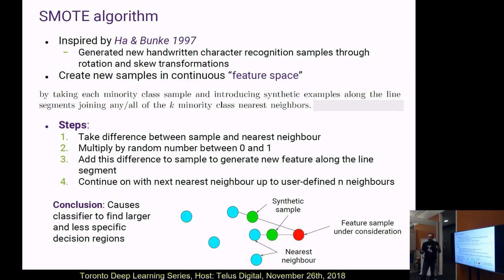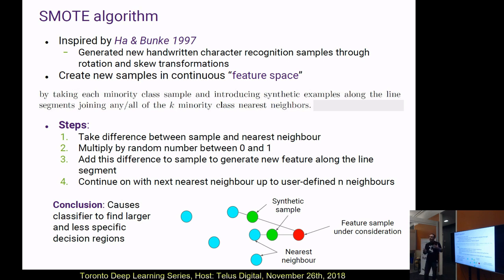So I will take a shot at trying to describe the SMOTE algorithm. I'll first mention that it was inspired by Ha and Bunke. Theirs was an interesting problem. They were trying to classify handwritten characters, and instead of just using the data that they had, they generated new data. What they did is they modified the data in what they called the data space.